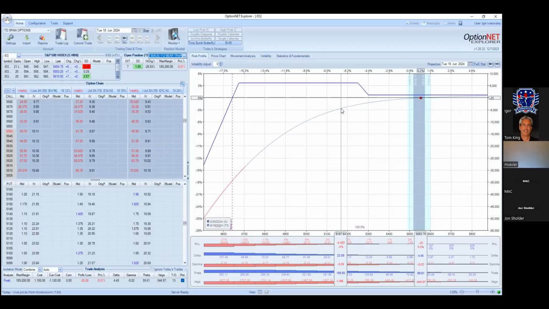This trade alone is going to show a loss of about $4,500, given that implied volatility is going to increase. T plus zero is going to go much lower. So this trade is going to feel the heat.